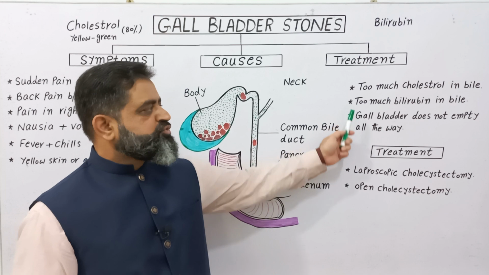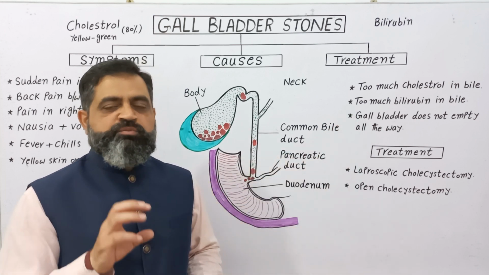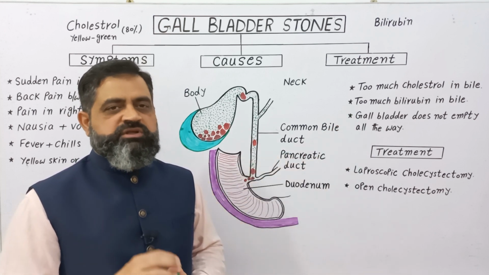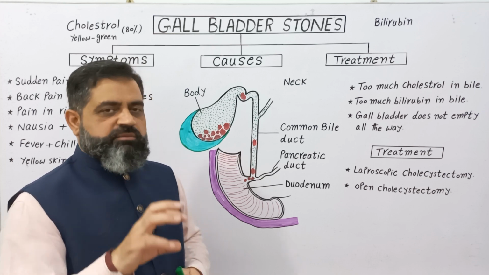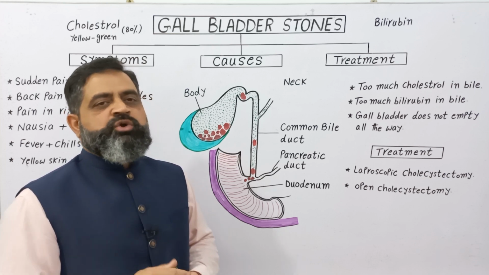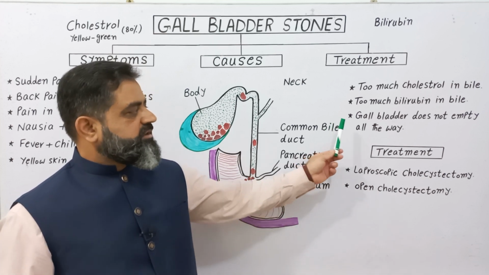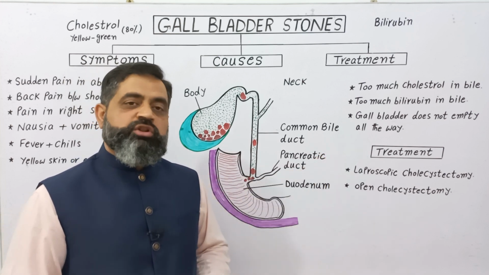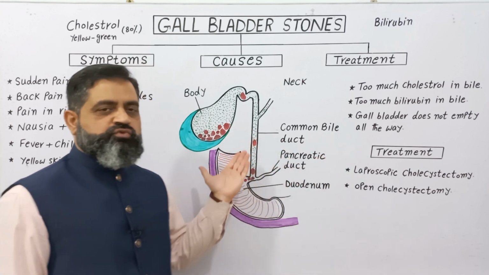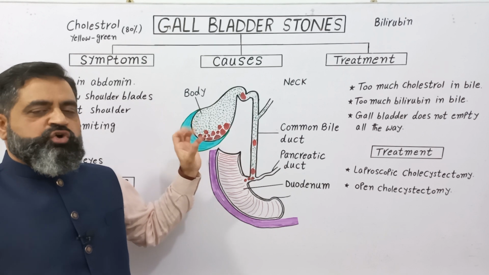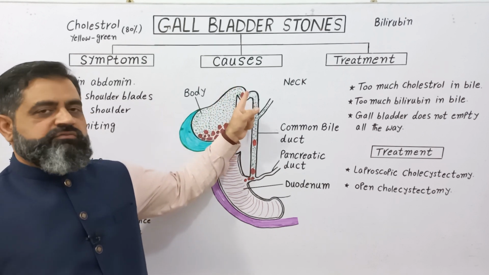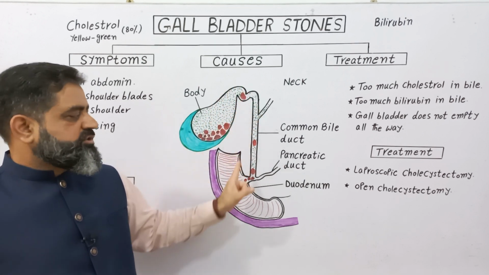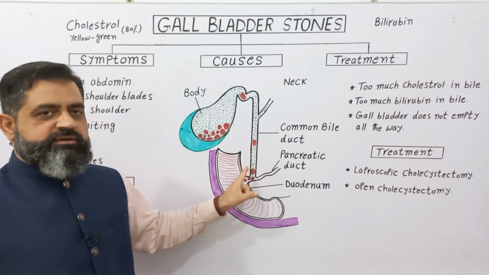The second cause is too much bilirubin in the bile. When too much bilirubin is present inside the bile, it can also lead to gallstones. The third cause is that the gallbladder does not empty all the way, because when we eat fatty food, usually the gallbladder contracts and the bile is secreted from the gallbladder into the small intestine through the common bile duct.